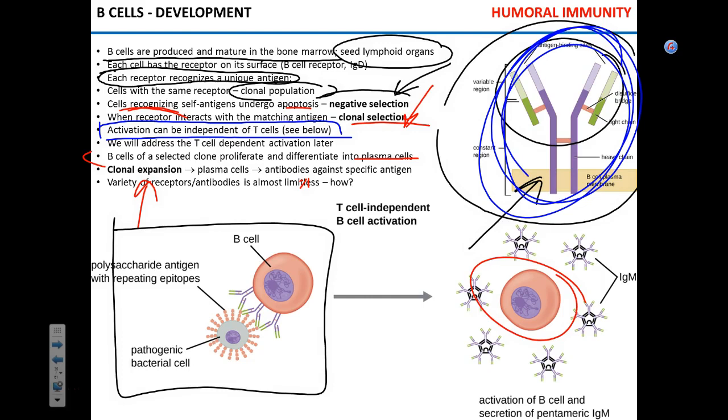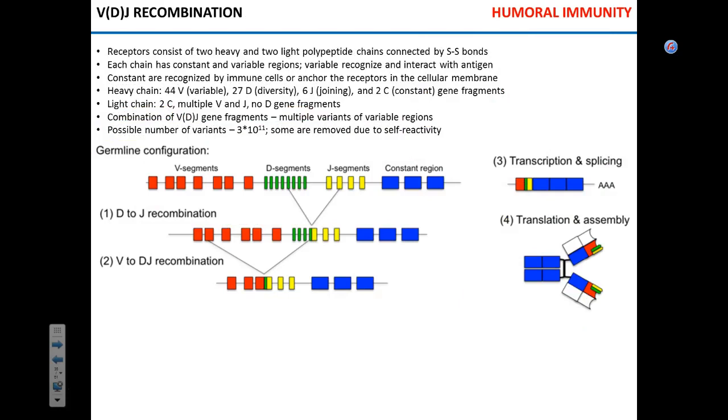So what, we have billion different genes? Well, human genome counts, the most wild estimates, 30,000 genes. So how do we fit all that variety in a human genome? The answer is so-called VDJ recombination.